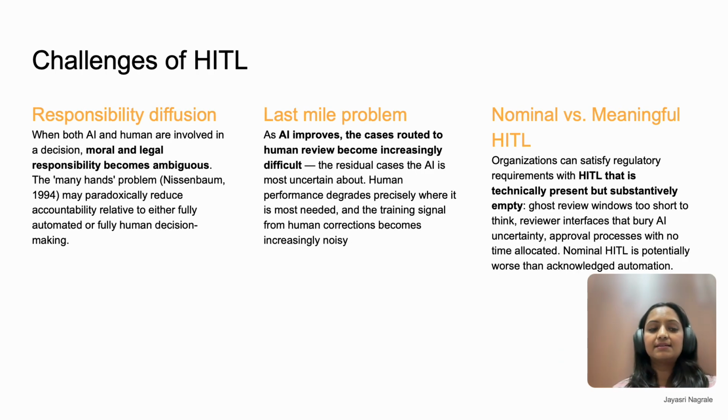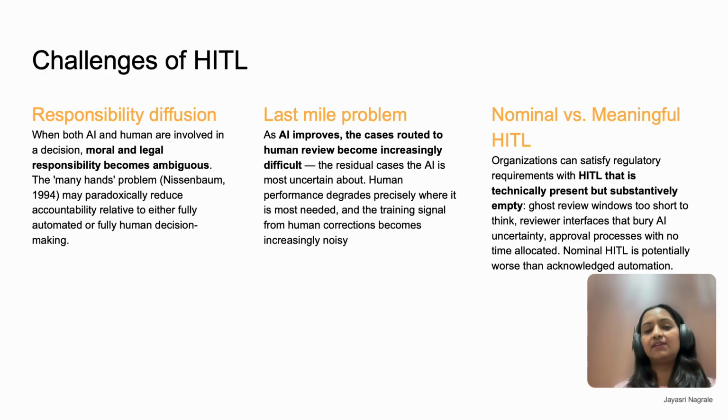Some other challenges are responsibility diffusion. So who takes the onus of the action? Is it the human or the AI? This is more important when there is moral or legal responsibility involved, such as in legal and finance fields. And this is the last mile problem.